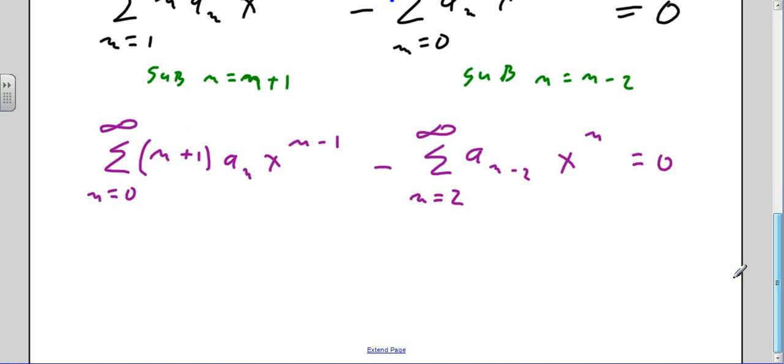So the purpose of doing that is so I can put it under one summation sign. Wouldn't it be nice if I did that right?